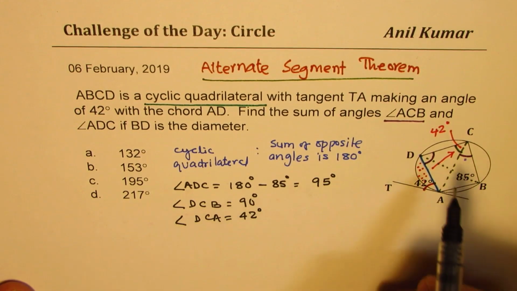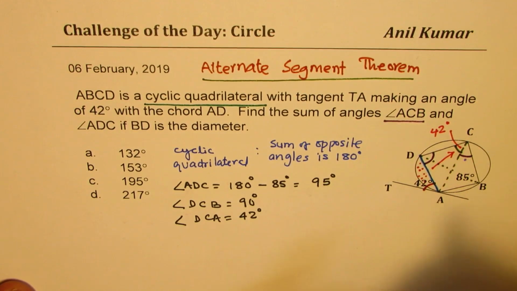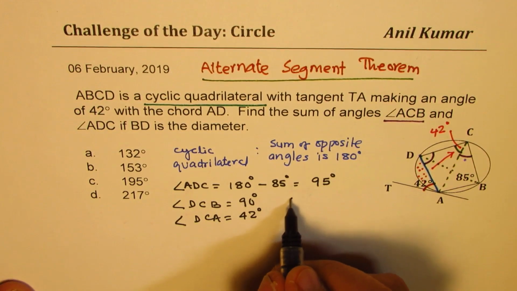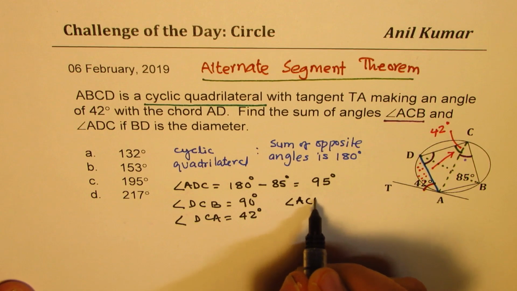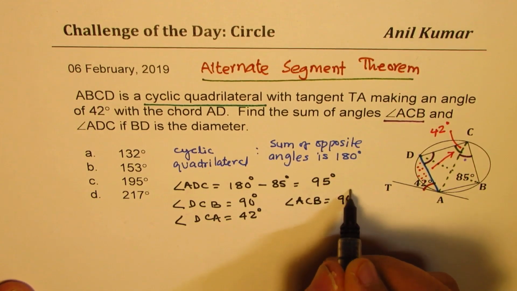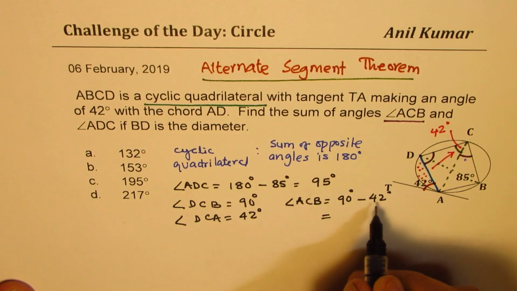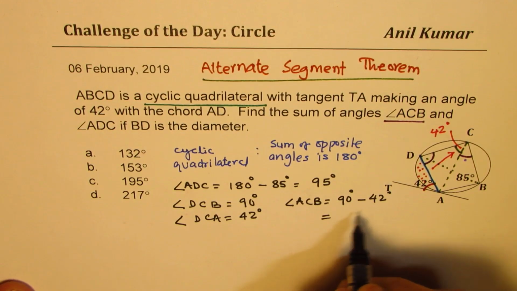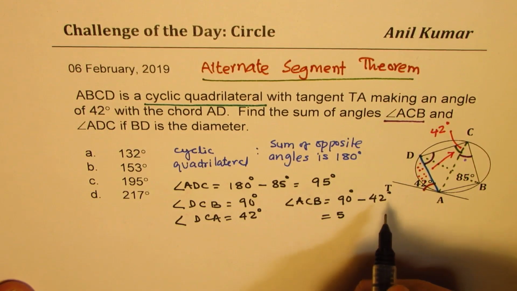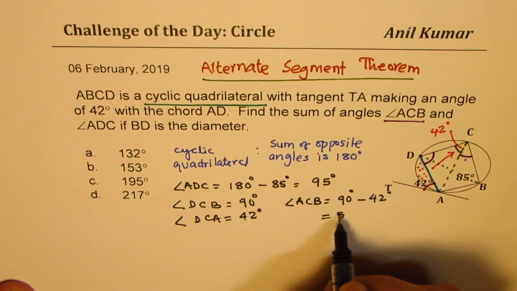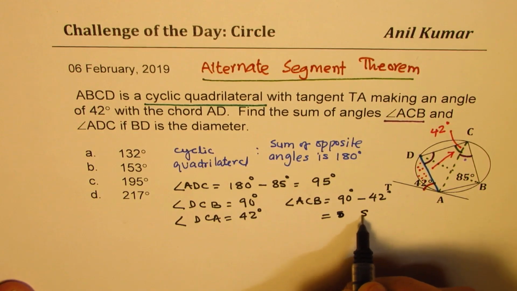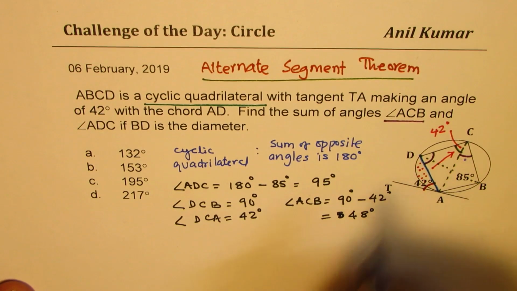So angle ACB should be equal to 90 degrees take away 42 degrees. So when you take away, it gets 48 degrees. So that is 48 degrees.